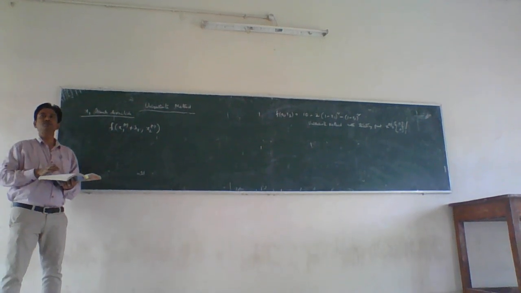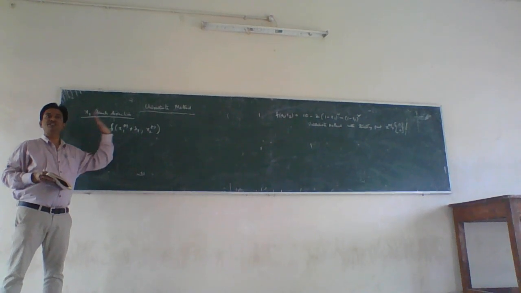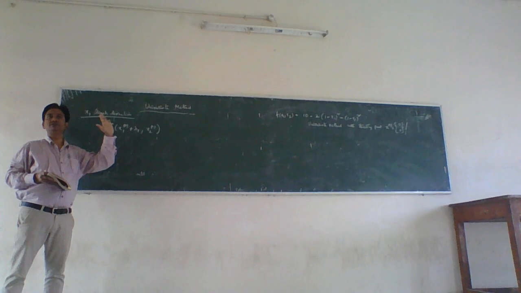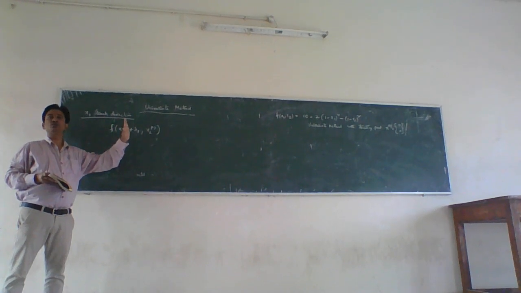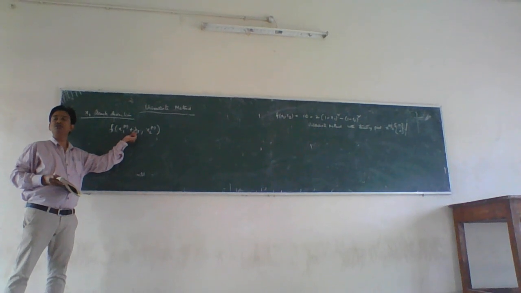Is it correct now? I am moving in the x1 direction. That means I am keeping x2 as constant. I am not touching x2. Only moving in the x1 direction, so I am taking the step length into account.